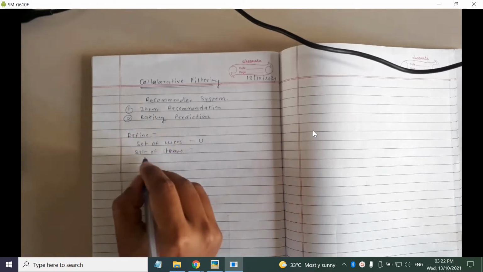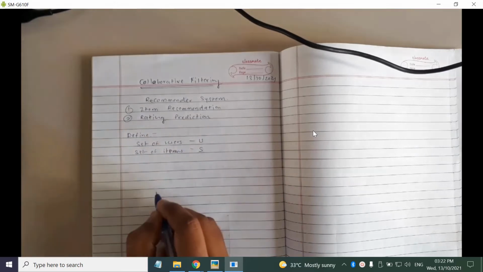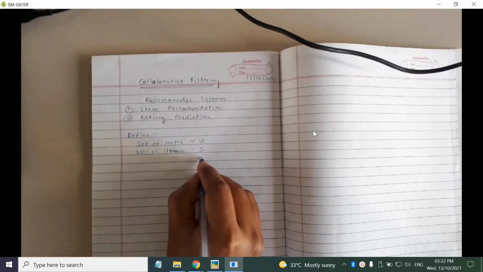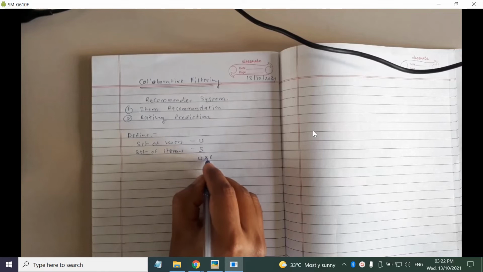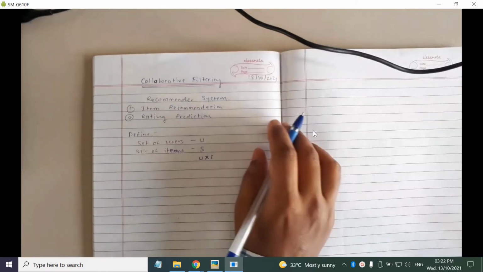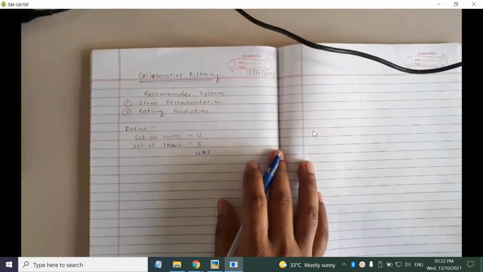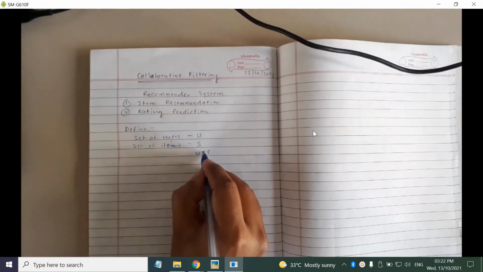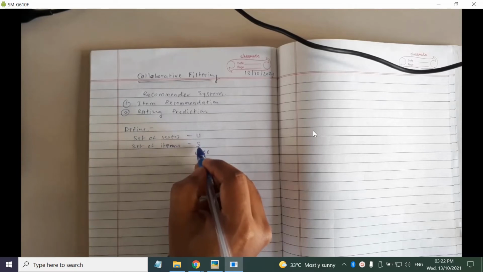Let us represent the set of items by S. When I write U cross S, this is my Cartesian product. You might have studied Cartesian product in DBMS. What is this? This is every possible pair of the entities from the U set and the S set.